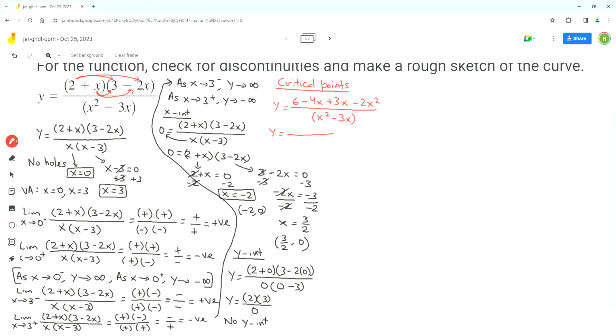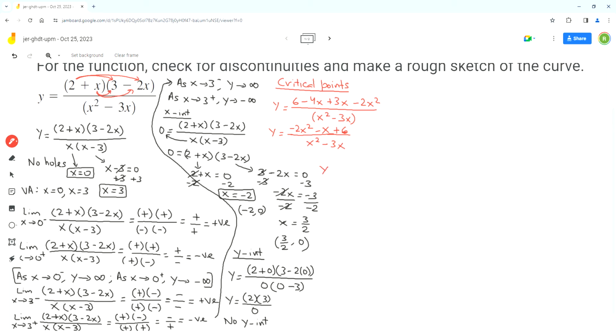So in the numerator we get negative 2x squared minus x plus 6 over x squared minus 3x. Now we can find the derivative of this function using the quotient rule.